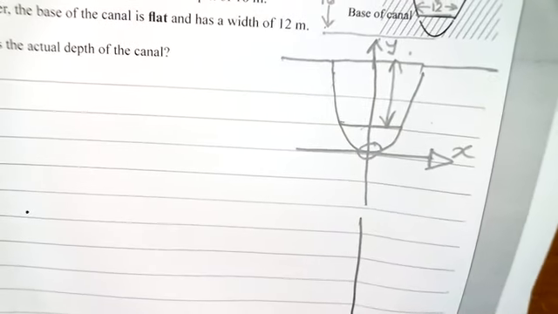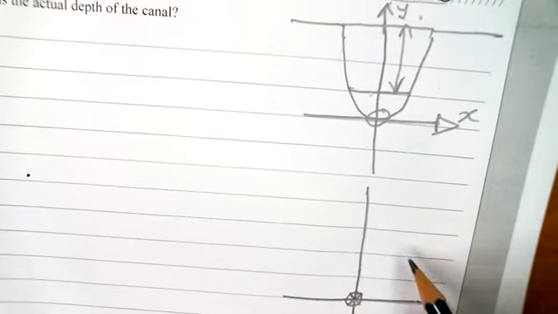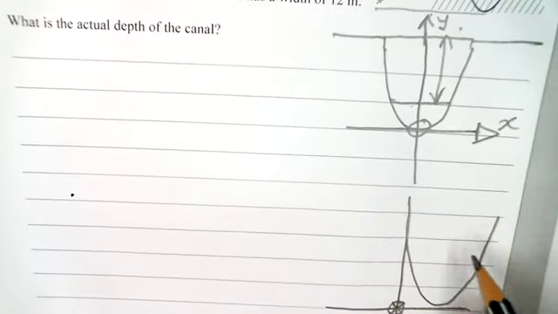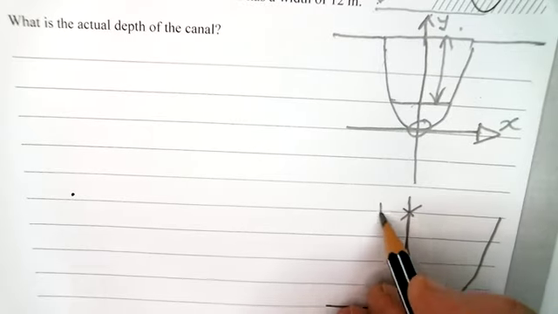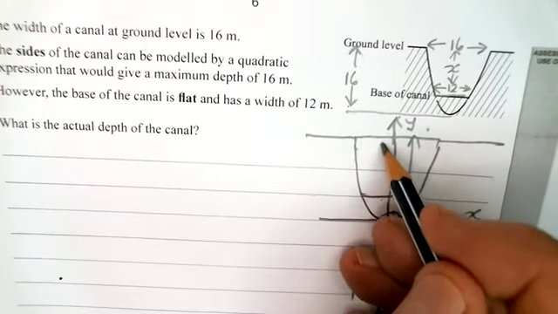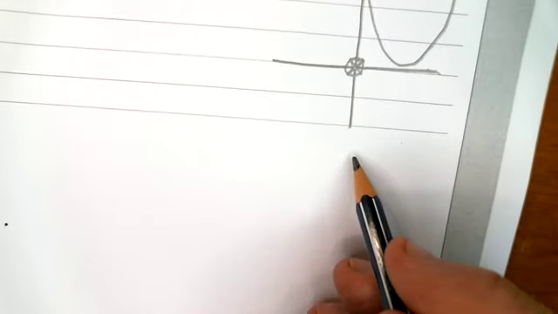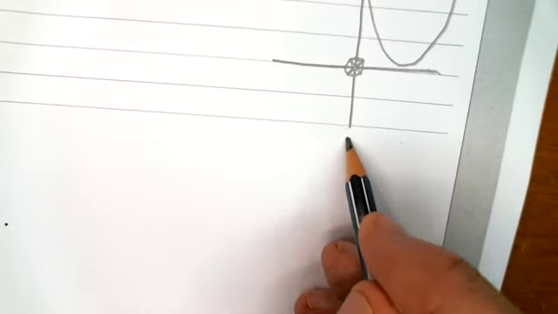Another way, which would work probably quite well, is to have the x-axis, say, here, and then make that 0. Then this is going to come out over here, and it's going to end up being like this. In this case, by the way, this would be 16 here. You could do it differently again, heading down.